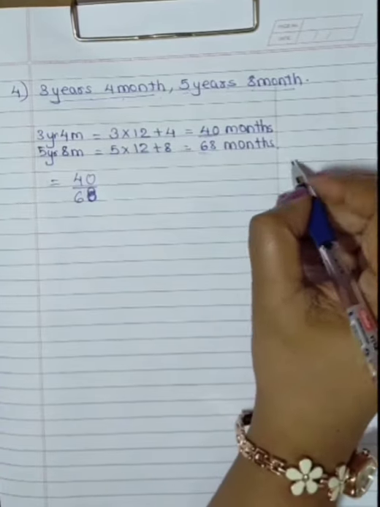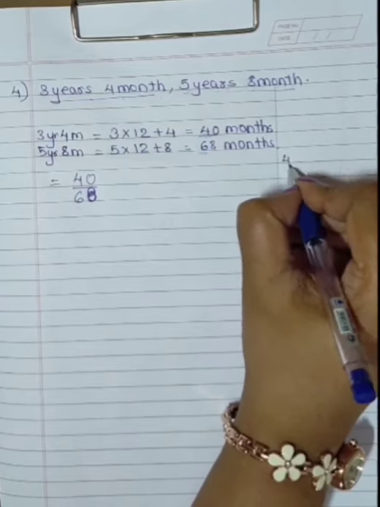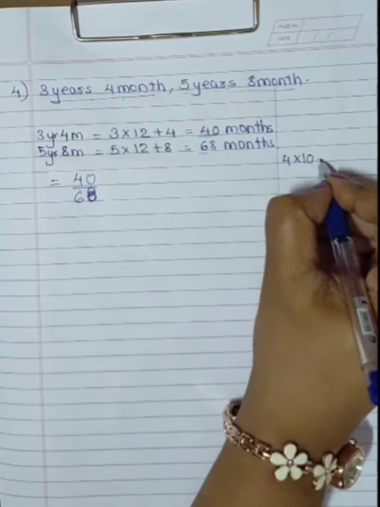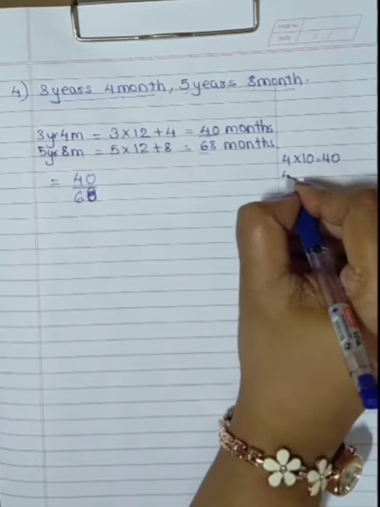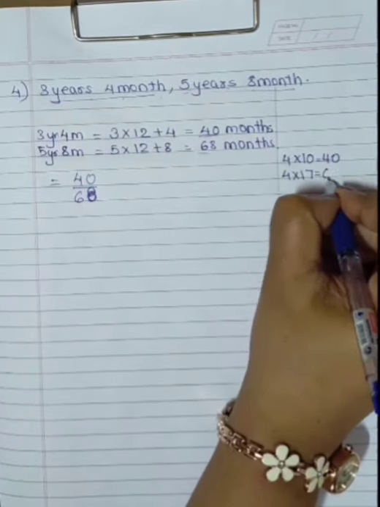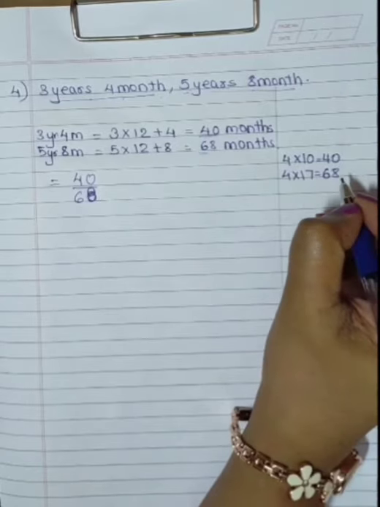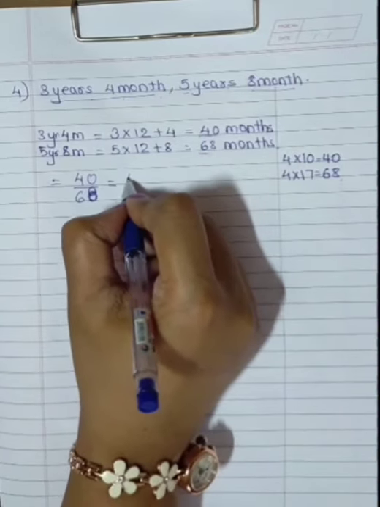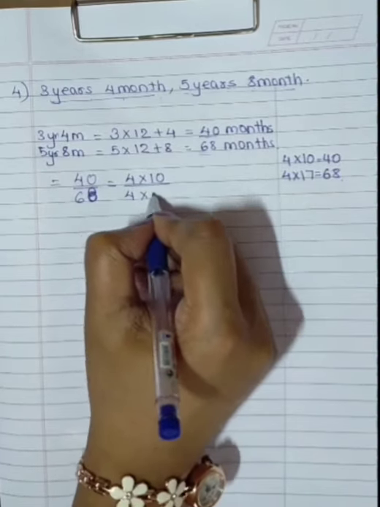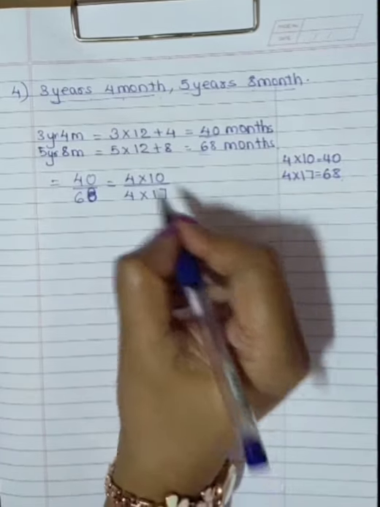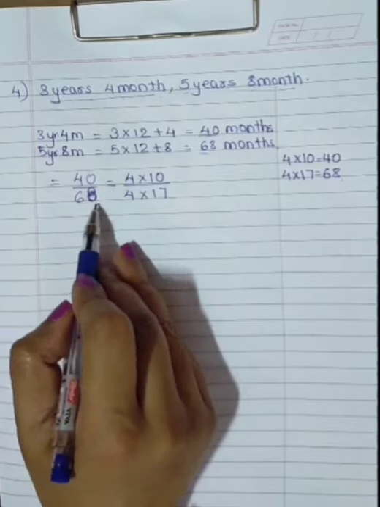So I am writing here, if we take 4 tens are 40 we will get, and if we take 4 17s we will get 68. So I am writing here 4 multiplied by 10 and 4 multiplied by 17. Then we will get 40 upon 68.